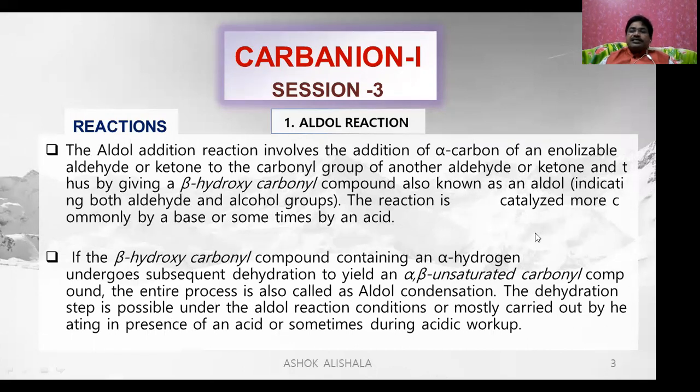The reaction is catalyzed more commonly by base or sometimes by an acid. If the beta hydroxycarbonyl compound containing an alpha hydrogen undergoes subsequent dehydration to yield an alpha beta unsaturated carbonyl compound, the entire process is also called aldol condensation.